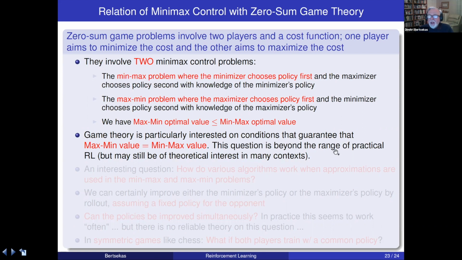On the other hand, from a practical point of view, you're not interested in achieving this equality, nor do the methods of practical reinforcement learning produce equal values for min-max and max-min, even in settings where min-max is equal to max-min without approximations. Once you introduce RL type of approximations, this is gone, okay?